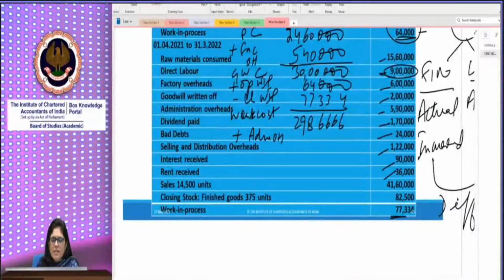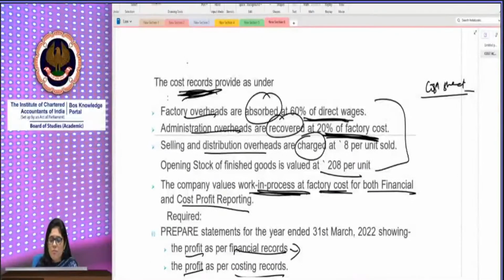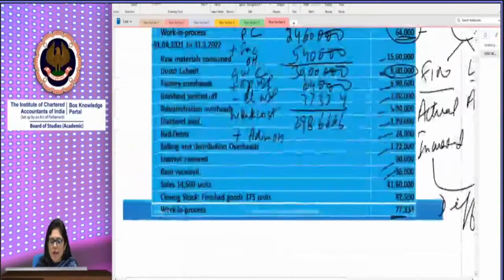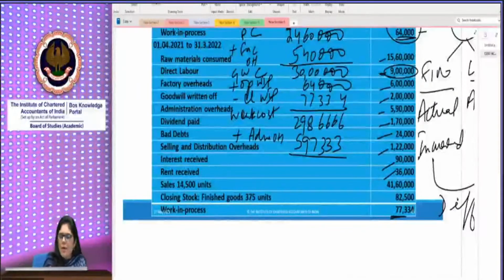Admin overheads are recovered at 20% of factory cost. This is our factory cost. 20% of factory cost is 5,97,333. See, I'm just calculating side by side. You also do it. Admin overhead you add, you get cost of production. So how much is the cost of production?